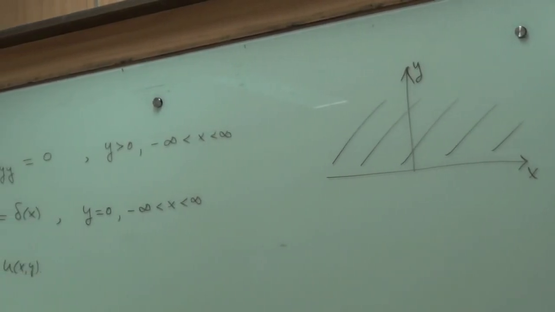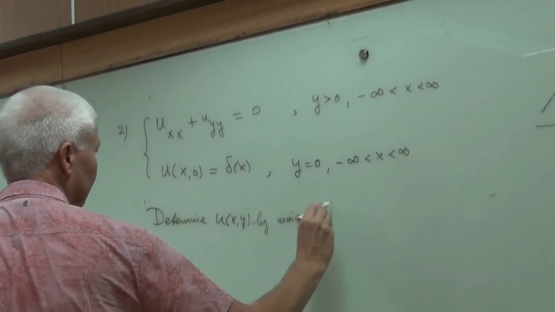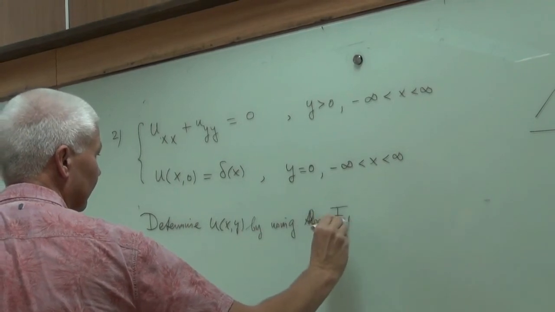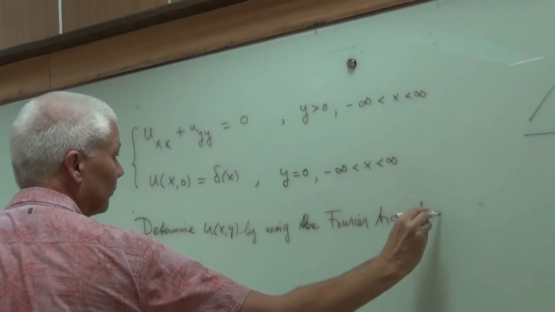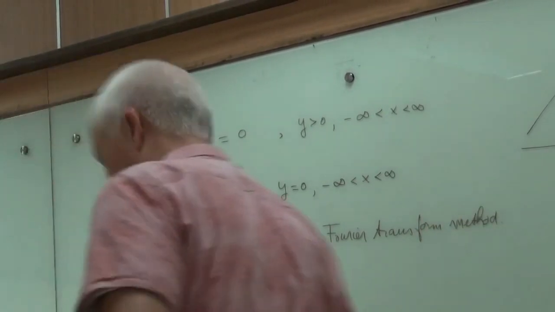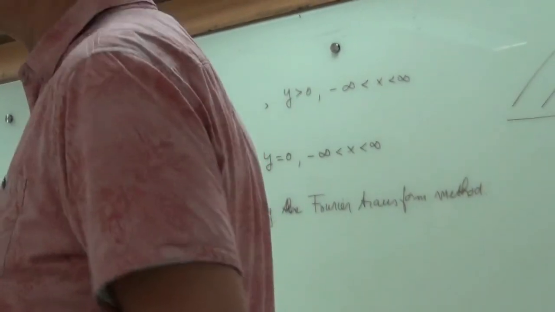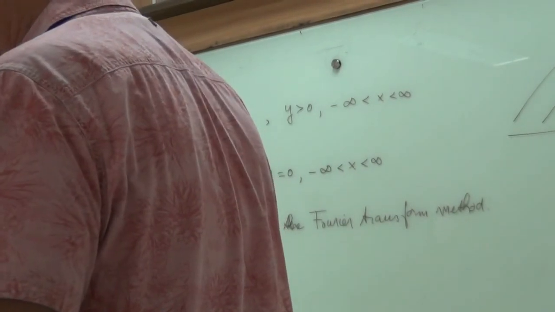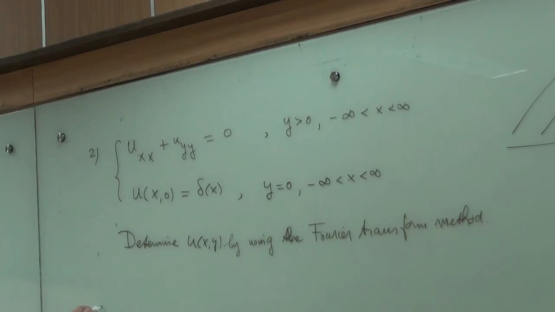Now you are asked to solve the problem by using the Fourier transform. Determine u(x) by using the Fourier transform method. Yeah, it's nice to see if you can find a relationship. And another exercise, that's exercise number 3.